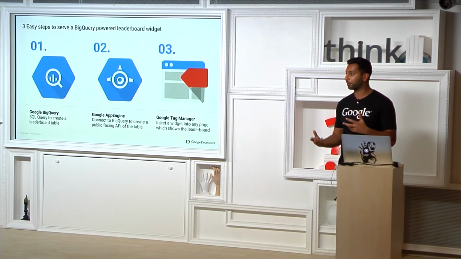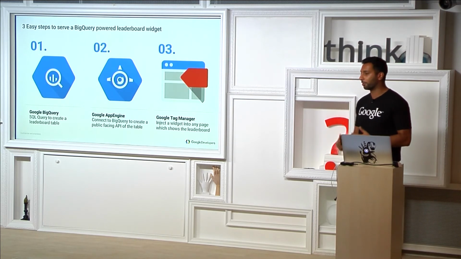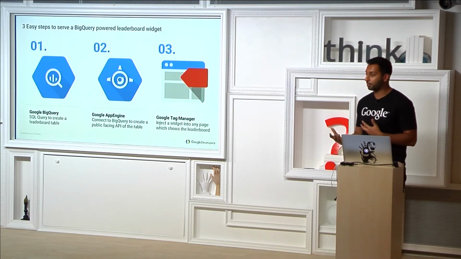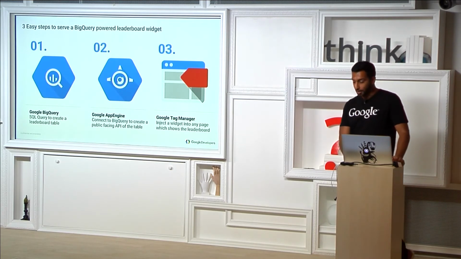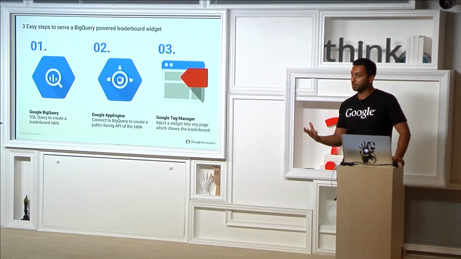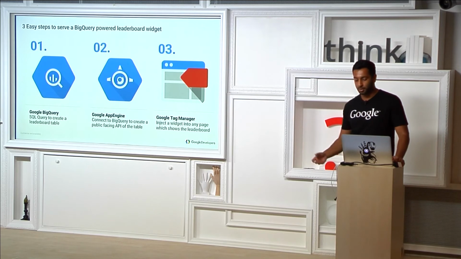So if you've tried to integrate with one of the Google APIs, you'll notice that it's really very easy to do with a few lines of code. So to connect to BigQuery is quite simple. And the final thing we're going to do is turn the BigQuery database into our own API on top of App Engine, and then we're going to serve that API into Google Tag Manager by removing any kind of sensitive information from that return data set and serve that into our page.